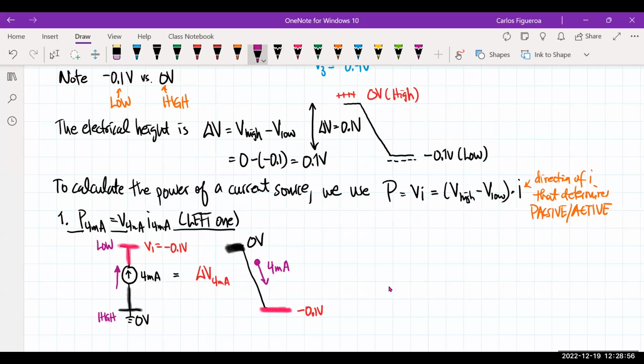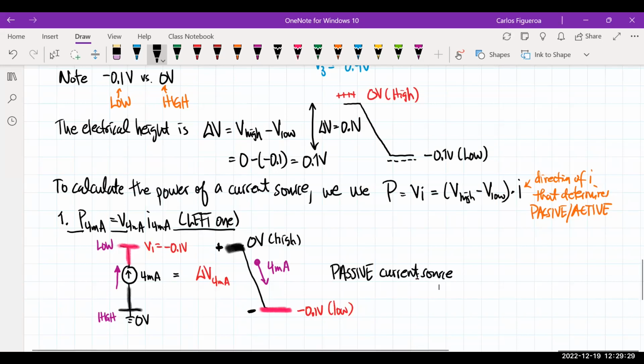So going from the high to the low means it's entering the positive terminal towards the negative terminal. So that implies that this is a passive current source.